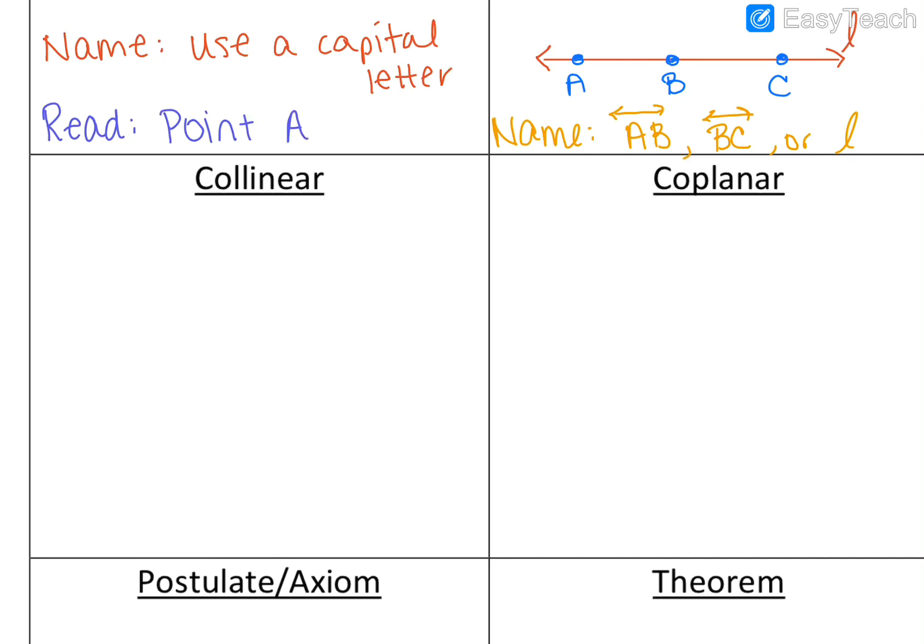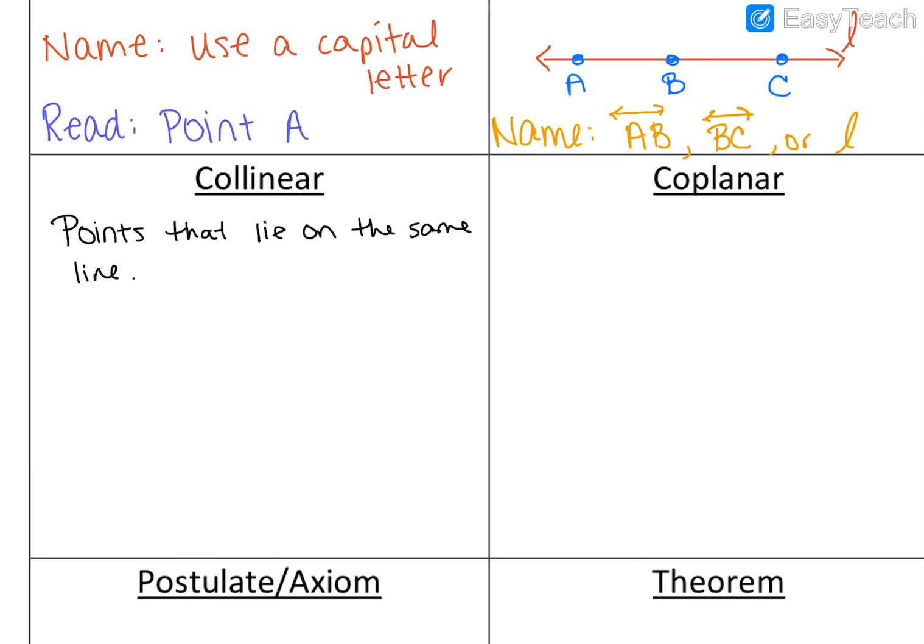So collinear is together on a line. So when we define this, these are points that lie on the same line.